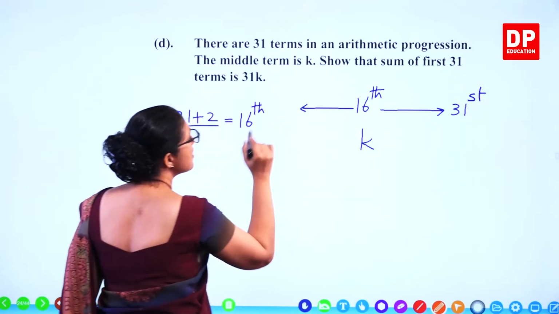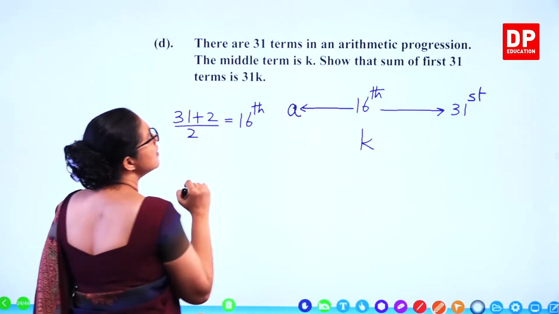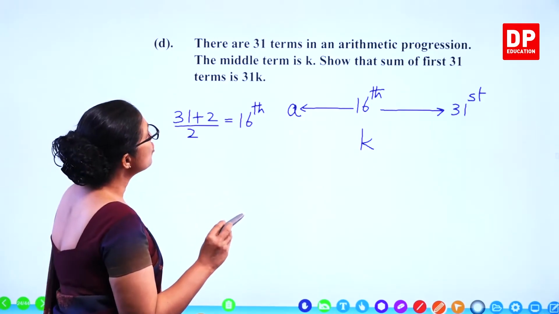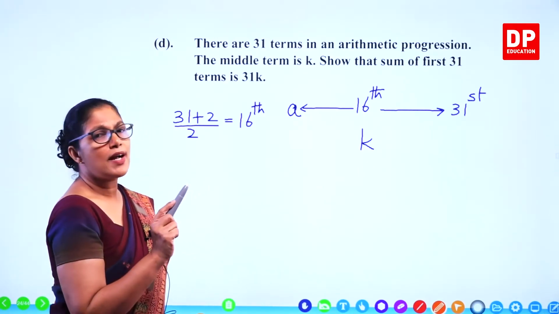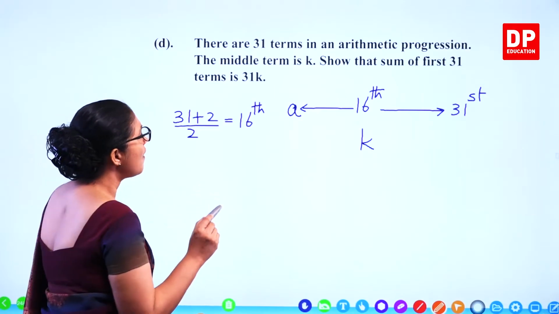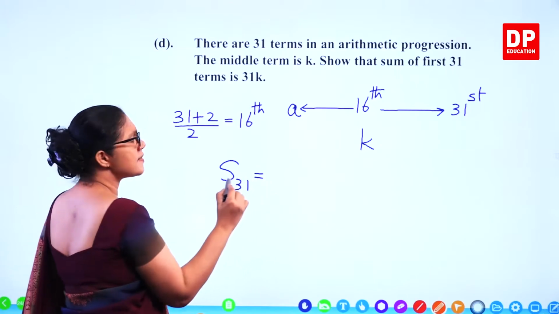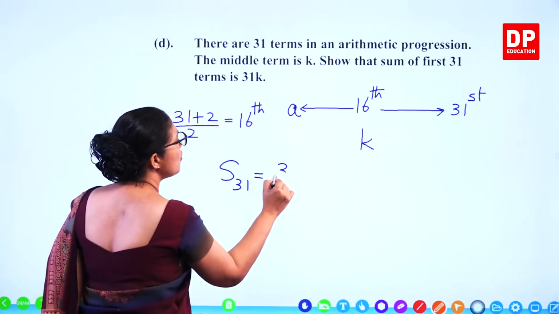So 16th term. So we will put the first term as a. Now we need to show that the sum of first 31 terms. So S31 we need. S31. How do you write S31? 31 over 2.